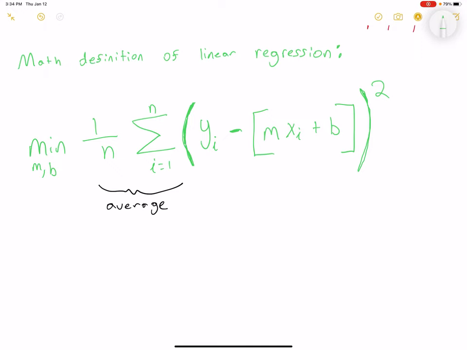If you get another data point where x sub i is 1, you still multiply that 1 by the 3, which is the learned slope for the model. So that's constant. The model learns those weights so that whatever data point you give it, it makes the prediction. So the M and the B are learned, and then they're applied to every single data point, that is every single x sub i.